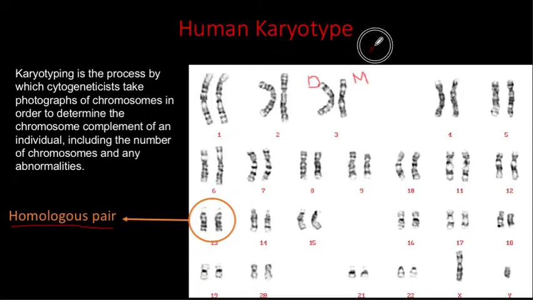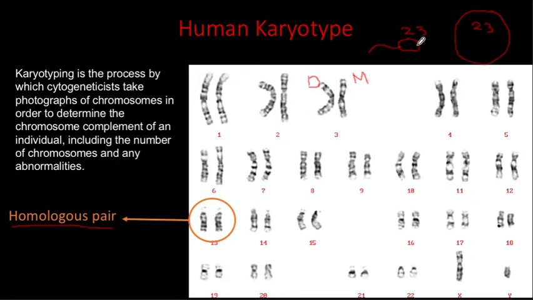So if I was to draw here a sperm cell and the larger egg cell, your mother's egg cell has 23 chromosomes and your father's sperm cell has 23 chromosomes.